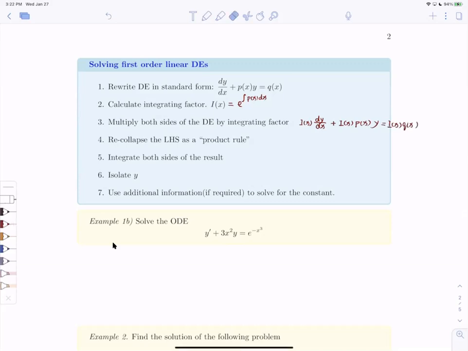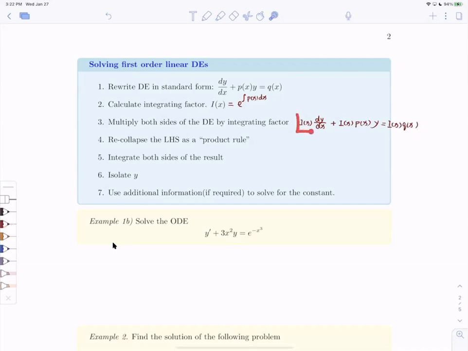Okay, so then you need to recollapse the left hand side, which is this side, as a product rule. We'll see that later. Actually, I'll write it down.